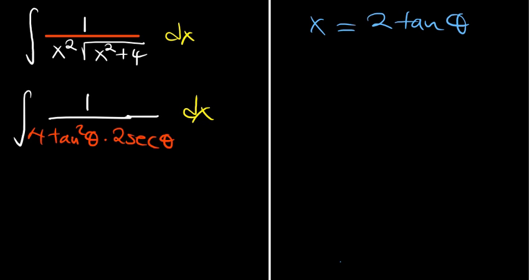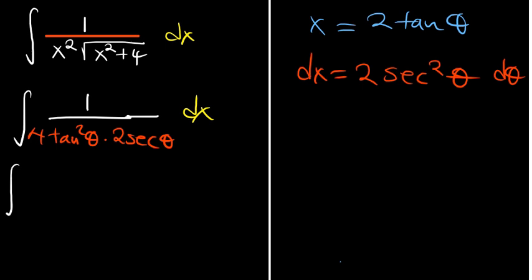So what's the derivative of x? The derivative of x is going to be 2, and whenever we're dealing with the derivative of tan theta, it's secant squared of theta, so it's going to be 2 secant squared of theta with respect to theta, of course. So therefore substitute that.